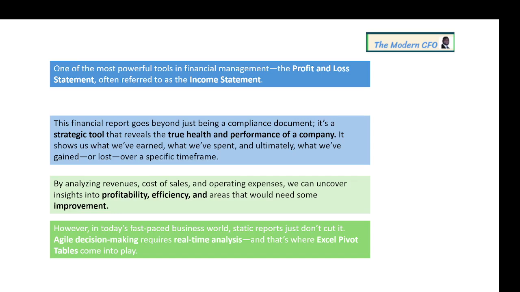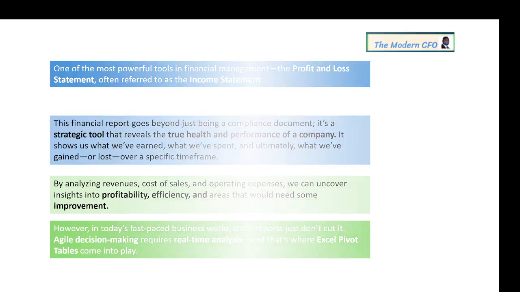However, in today's fast-paced business world, reporting, unlike what we accountants normally look at, is historical, showing what has been done. If you want to make any agile decision, it requires timely analysis, and that is where a pivot table comes into play.